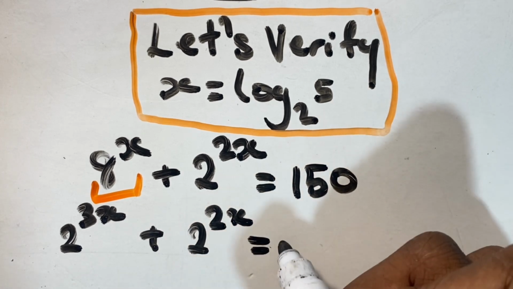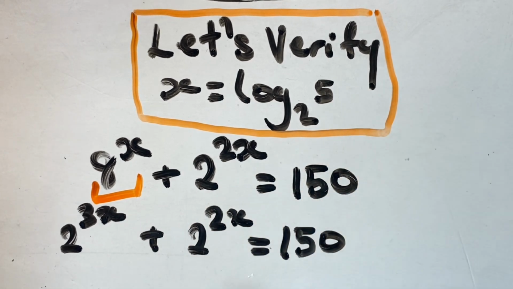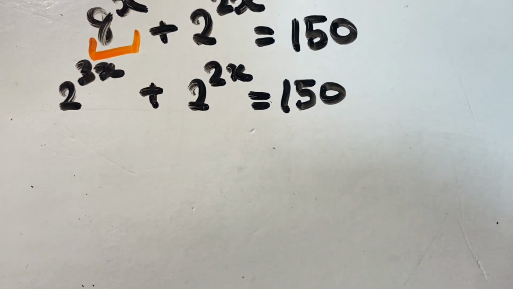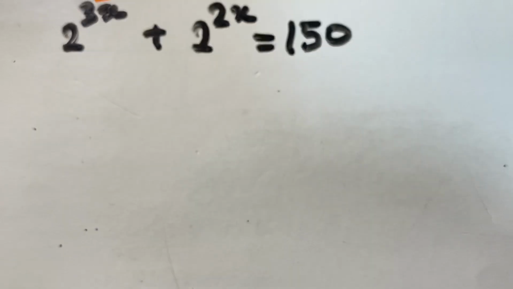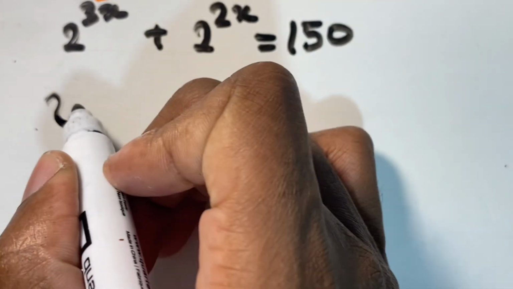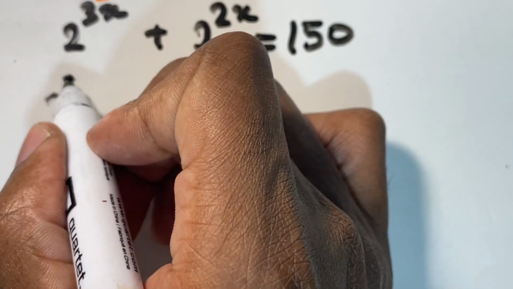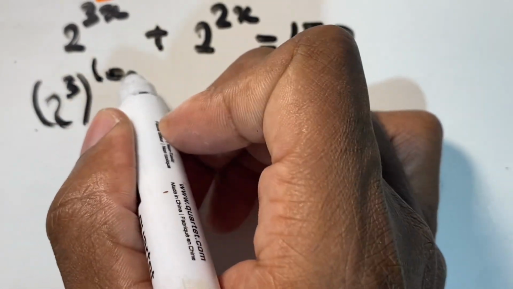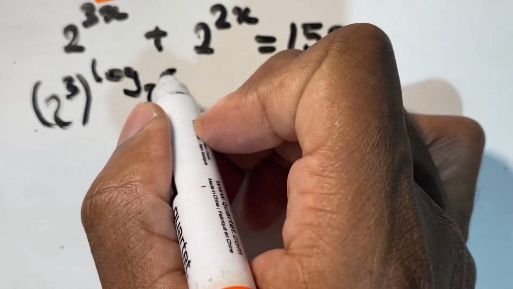We have that plus 2 to the power of 2 times x, and we have all of that equal to 150. So using the value of x that we have, we said that x is equal to log base 2 of 5. So we're just gonna write this out and plug in the value of x, and then we're gonna verify our solution of x.